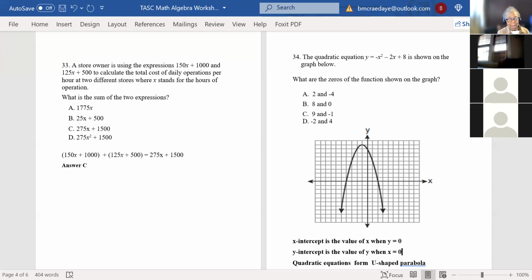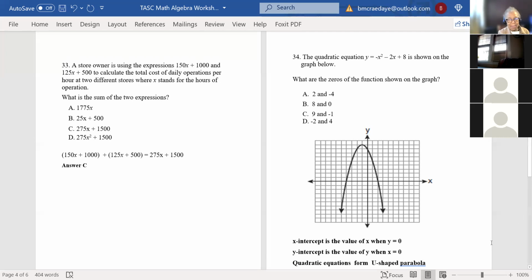When y is 0, that means we are on the x line. When x is 0, we're on the y line. Now, the zeros of a function are the x-intercepts.